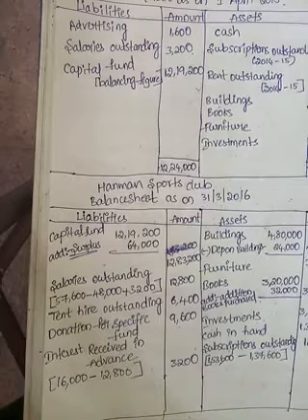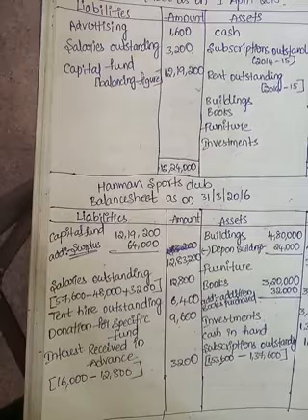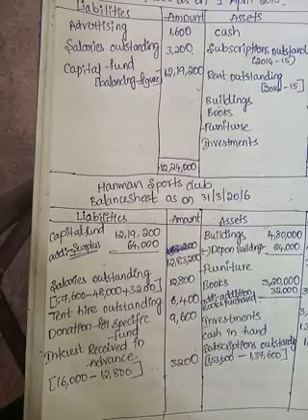Total of the balance sheet: first do the total of the asset side, next the total of the liability side.